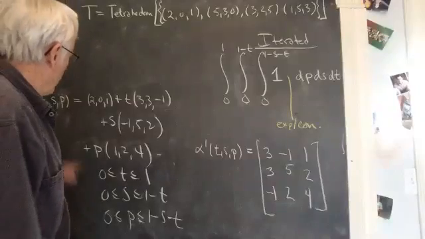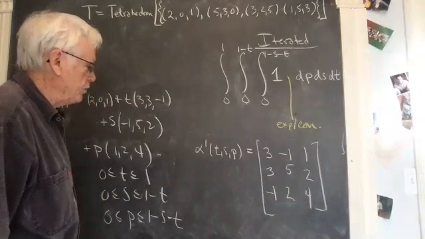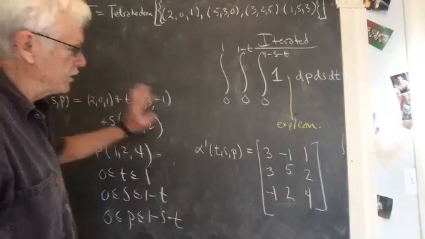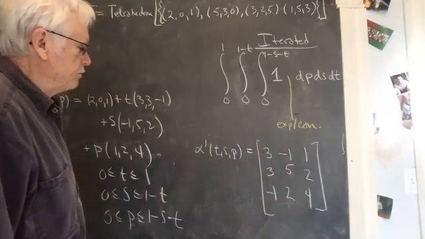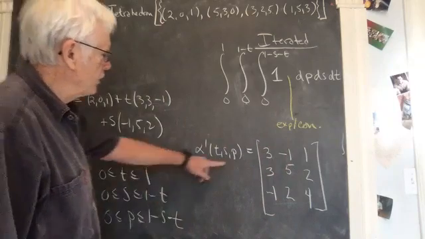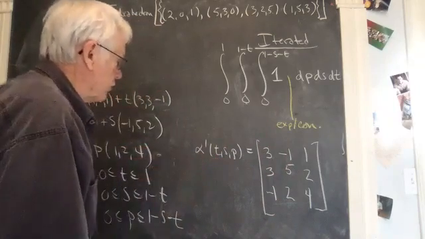We have a 2, 0, 1 added on, but there's a linear transformation involved, and this is the matrix representation of it from linear algebra. So the determinant of this is what we want.